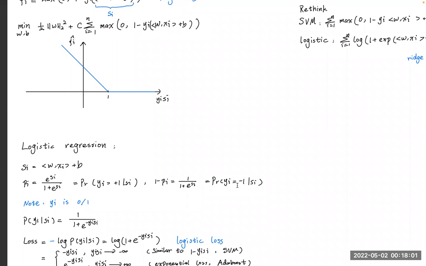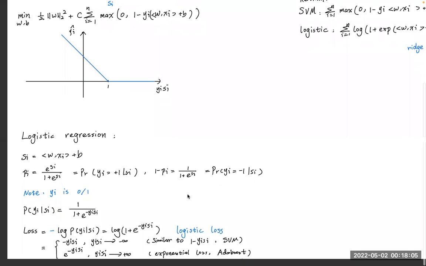And for logistic regression, we can derive it in a different way because we use positive 1 or negative 1 notation. The point is that now we have this probability y_i equal to positive 1, which is here. And then this is a probability of y_i equal to negative 1, which is here.